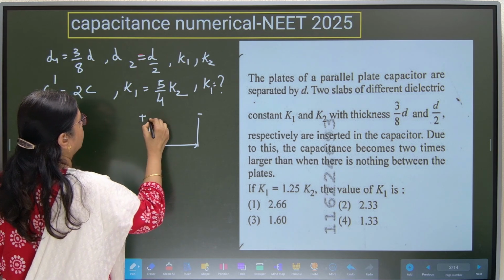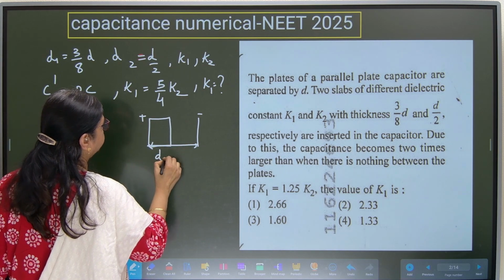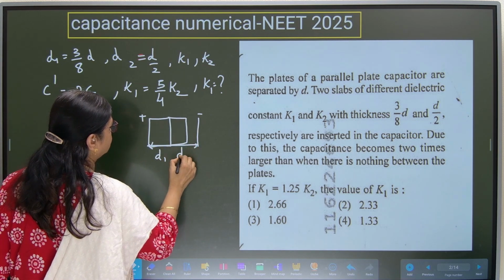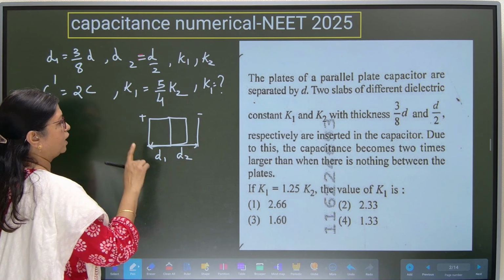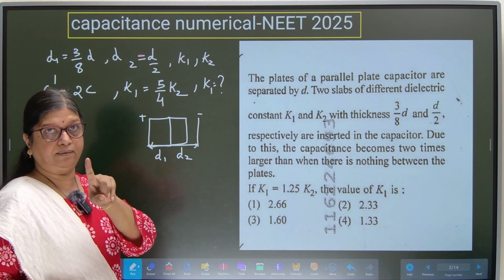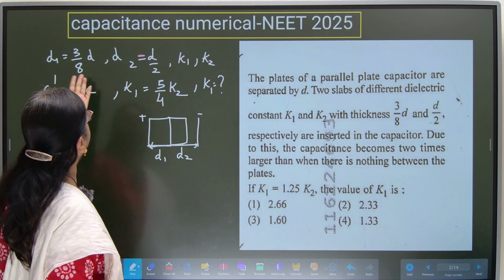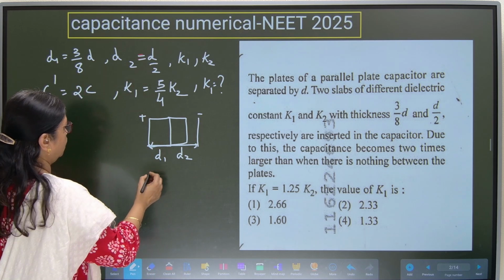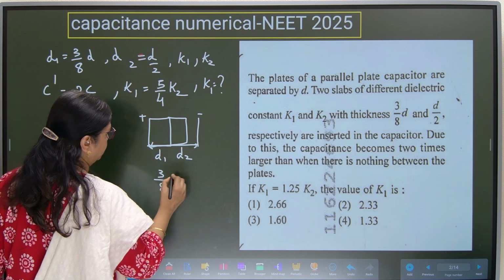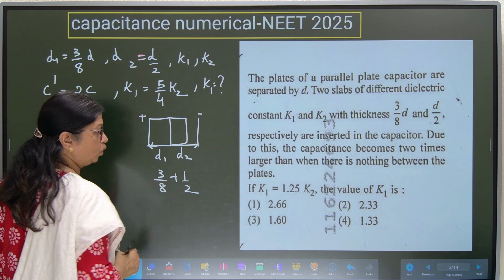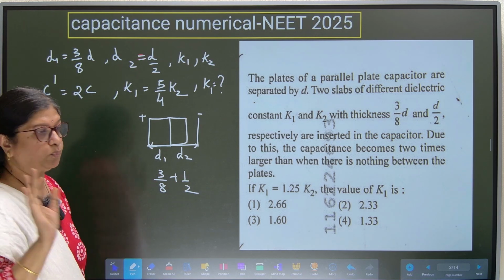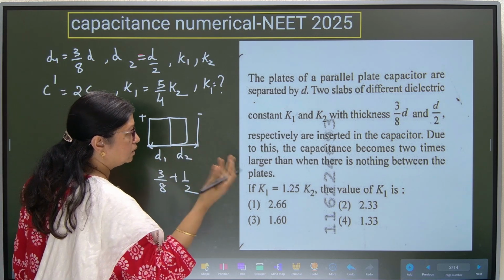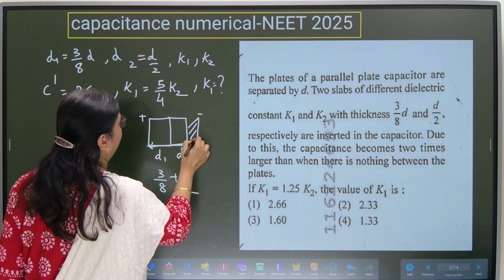Let us say this is d1, this is d2. The answer of d1 plus d2 must be 1, which it is not, looking at the numbers. So 3 upon 8 plus 1 upon 2 is definitely not equal to 1. So there is some other space with air.